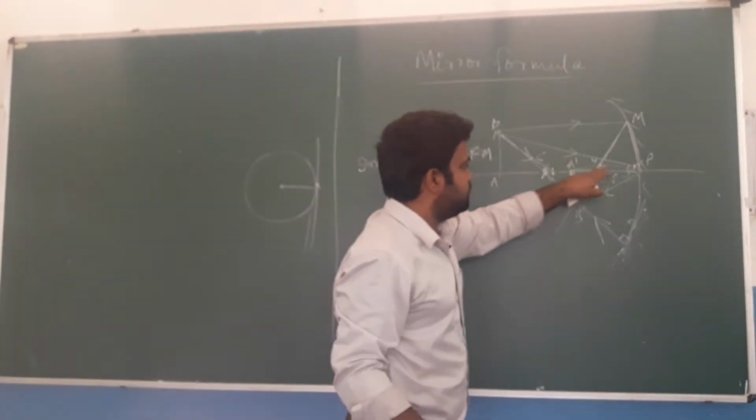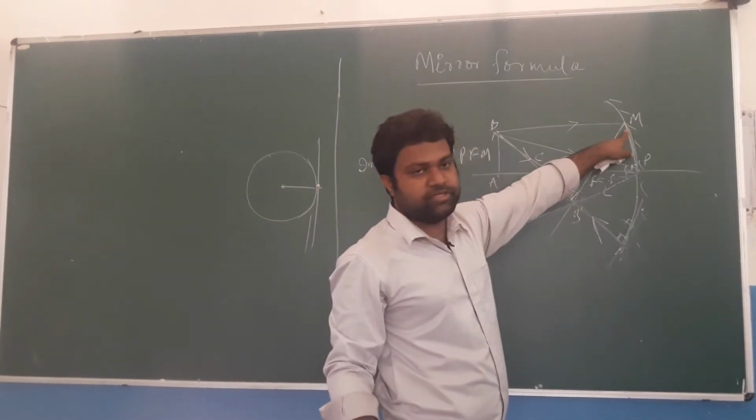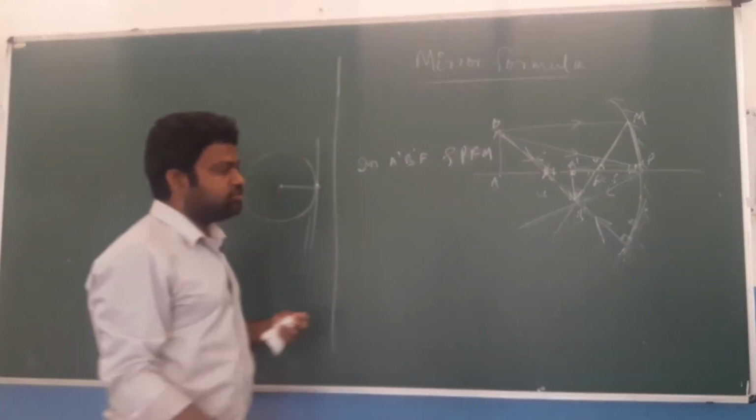So if two corresponding angles of the two triangles are equal, then the third angle must be equal. So we can use our similarity concept here.